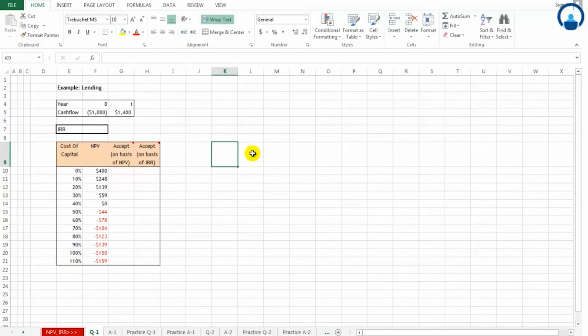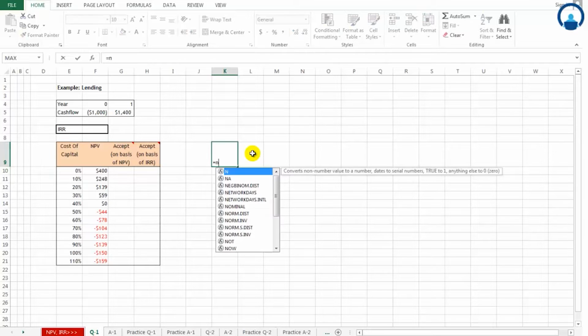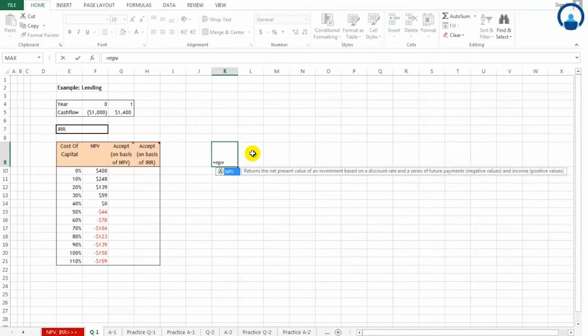Now let's see the NPV function in Excel. If you type equal to NPV, the notation says it returns the net present value of an investment based on a discount rate and a series of future payments, which means negative values are payments, and income if it is positive values.